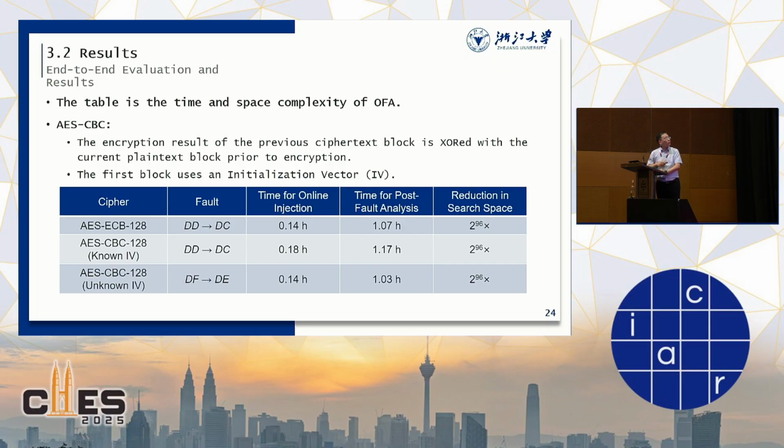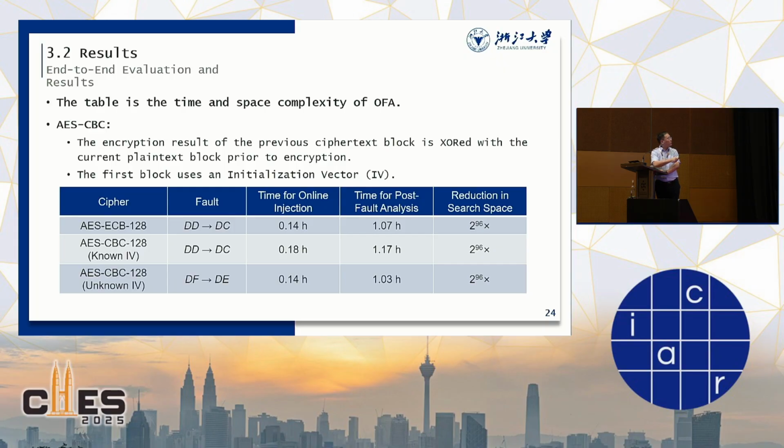We inject the bits, which is called online, taking around 14 hours. After that we do the analysis, which takes roughly 1 hour. The complexity is reduced to 2 to the power 32, compared to the key size of 2 to the power 128, so we reduce it by about 2 to the power 96.